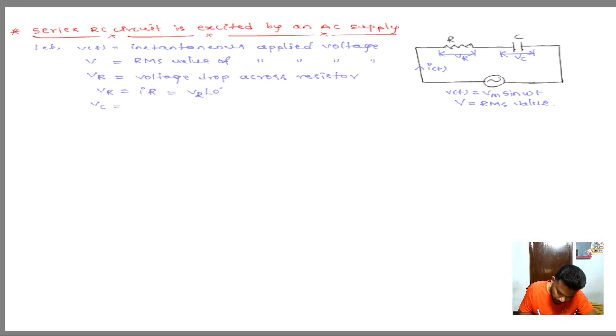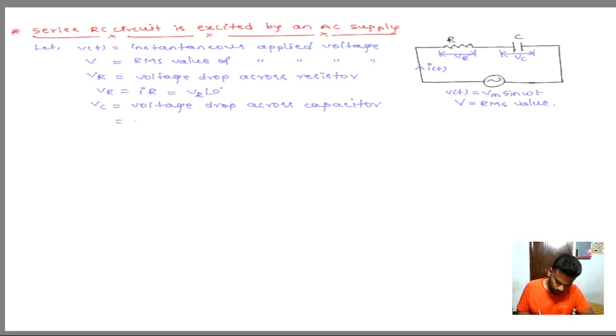Then VC is the voltage drop across the capacitor.